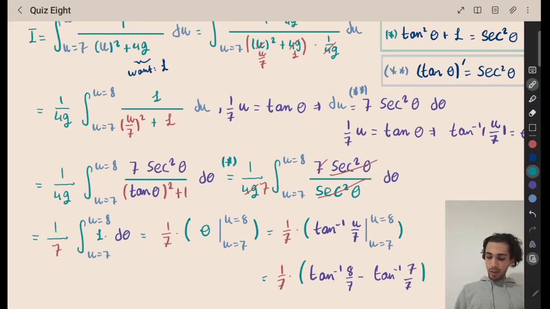And we've talked about how tan inverse of 7 over 7 is 1. So tan inverse of 1 is 45 degrees. But then 45 degrees is 180 degrees divided by 4. But then finally 180 degrees is just pi radian.